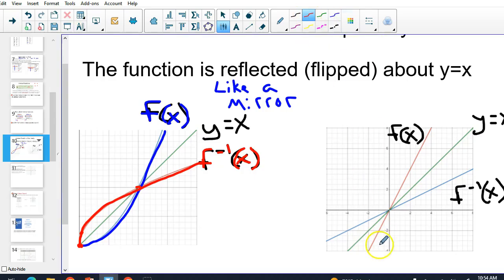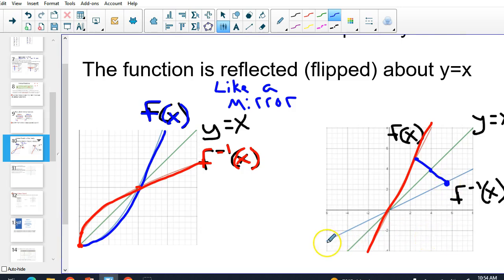So we'd see this with a linear function, for instance. If my original function was this red line here, if I flipped my line across the y equals x, which is our green line there, the distance from here to here is the same from there to there. It's just flipping and going across.